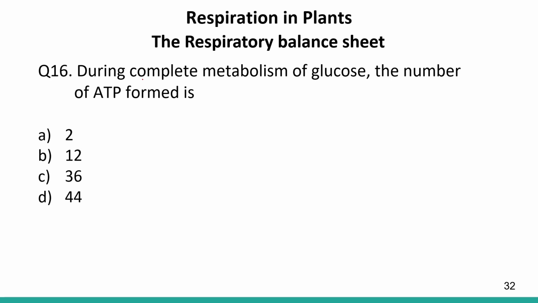The next question is, during complete metabolism of glucose, the number of ATP formed. Again, they are talking about aerobic respiration. First, we have glycolysis. During glycolysis, net gain is 2 ATP and 2 NADH are also formed.